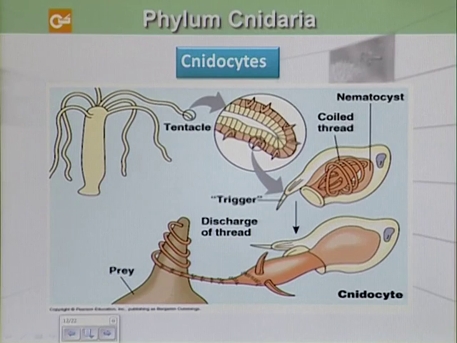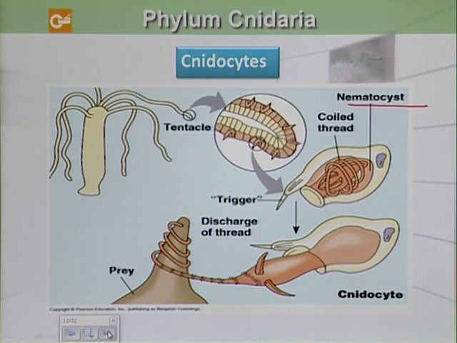And then we can see that there are cnidocytes present in phylum Cnidaria, and actually they are named Cnidaria because these animals have special cells which are called cnidocytes, and they also give rise to structures known as nematocysts, which are stinging cells, and it is the characteristic feature of this group.